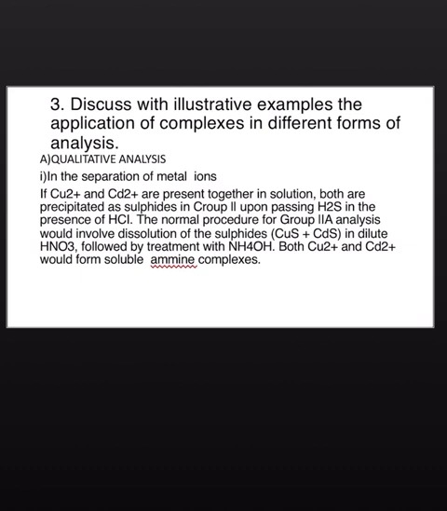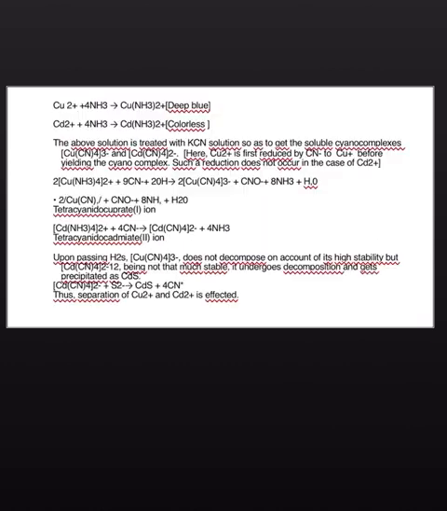The normal procedure for group 2A analysis would involve dissolution of the sulfides CuS and CdS in dilute HNO3 followed by treatment with NH4OH. Both Cu2+ and Cd2+ would form soluble ammine complexes. The solution is treated with KCN solution so as to get the soluble cyano complexes.